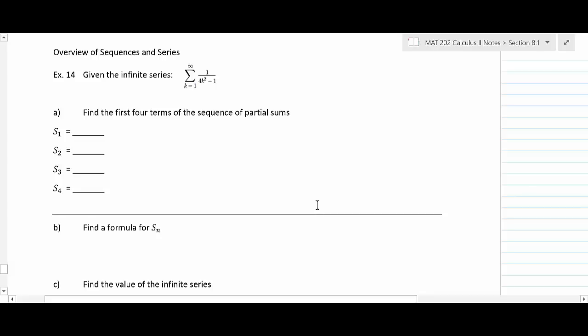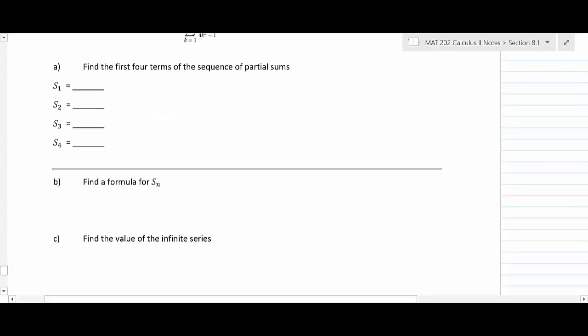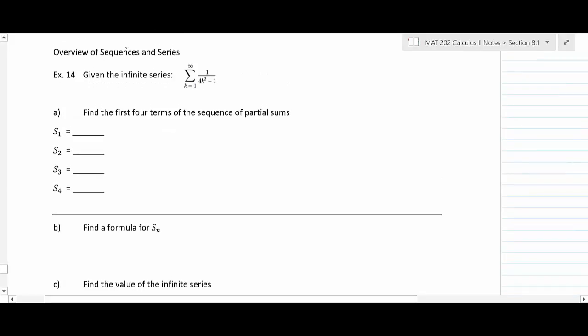Okay, so this one, we've got a different infinite series. Let's write out the terms. The first term is 1 over 4 times 1 to the second minus 1. And it's a series, so we keep adding the terms.